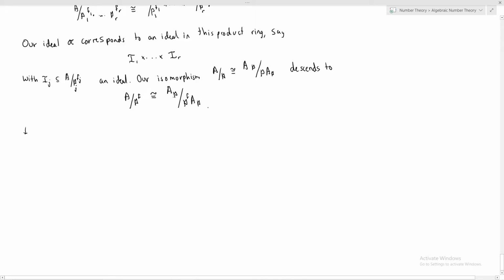So recall that localizations of Dedekind domains are again Dedekind domains.